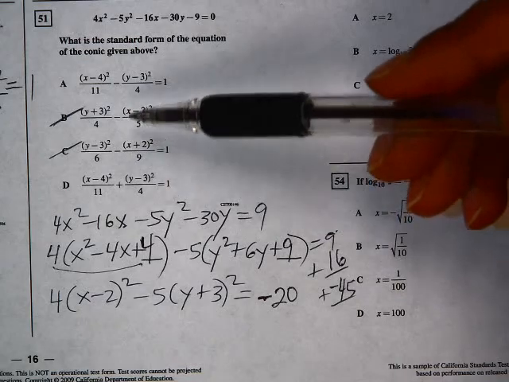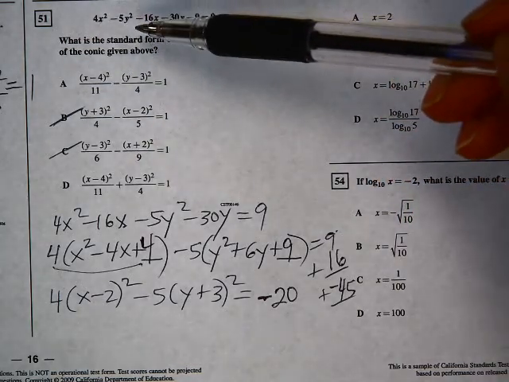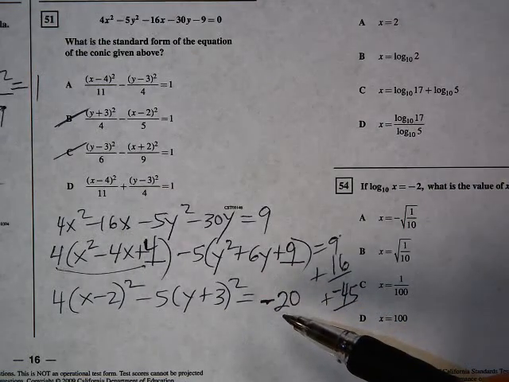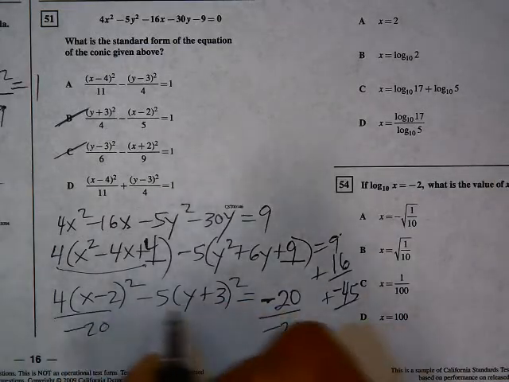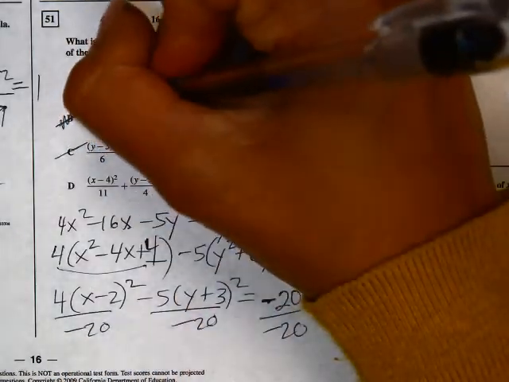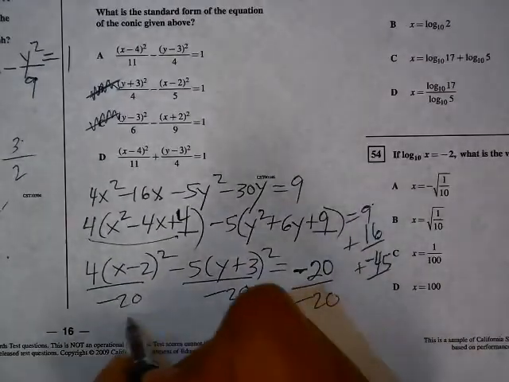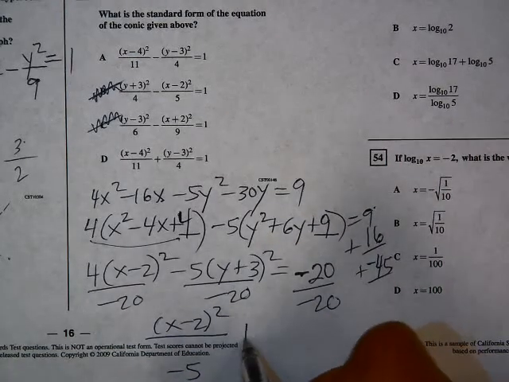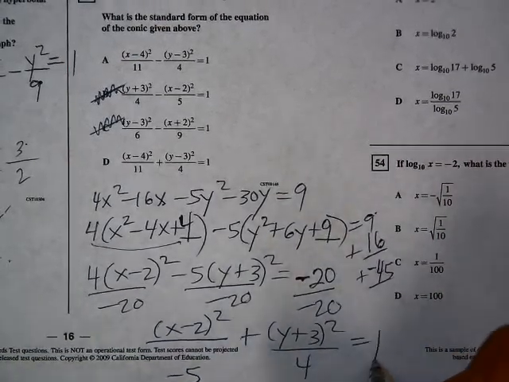However, since we have a negative 20, and if we divide by negative 20, I'm going to go ahead and do this to make sure I actually keep these as options still. Then this becomes x minus 2 squared over negative 5 plus y plus 3 squared over 4 equals 1.